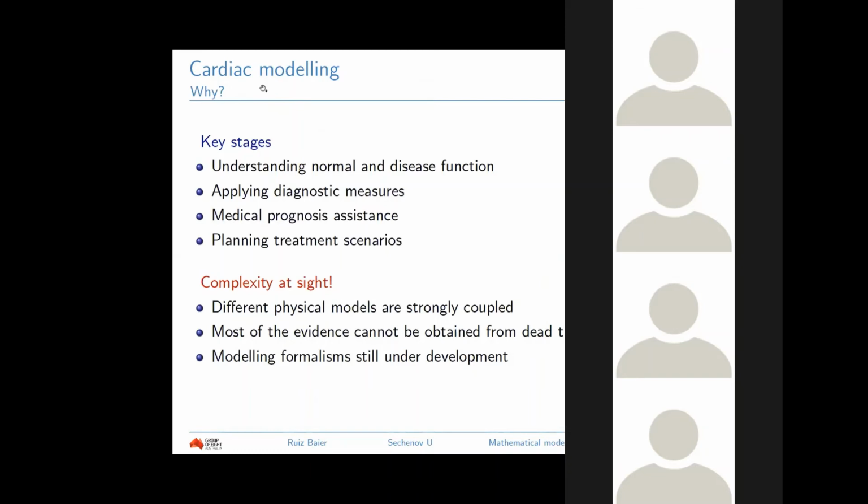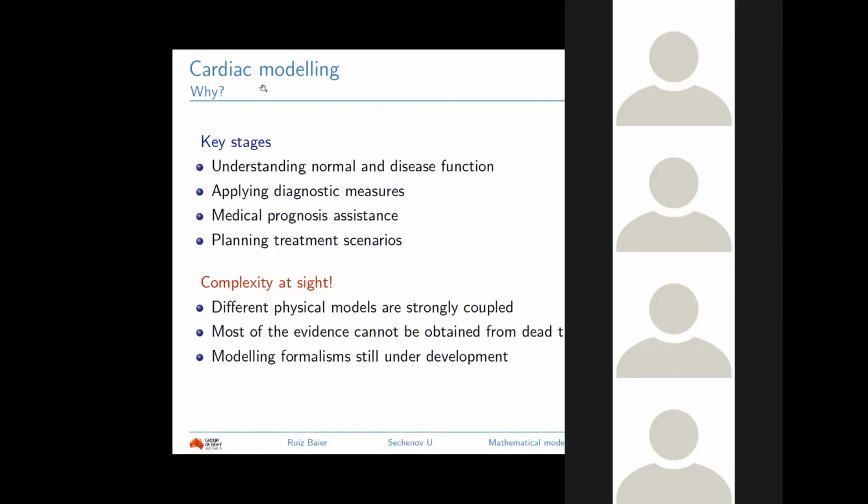But it can also help in applying diagnostic measures, and in particular the group of URI have been putting a lot of effort into understanding physiological and pathological conditions of the heart, and into putting mathematical models to use. So real use.